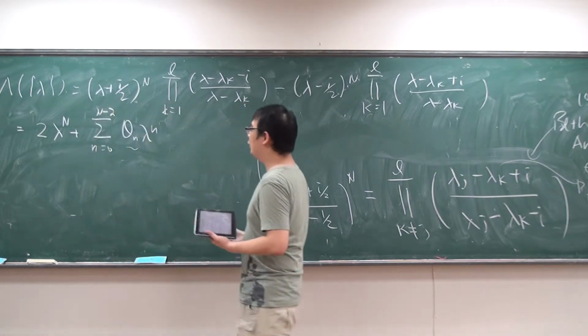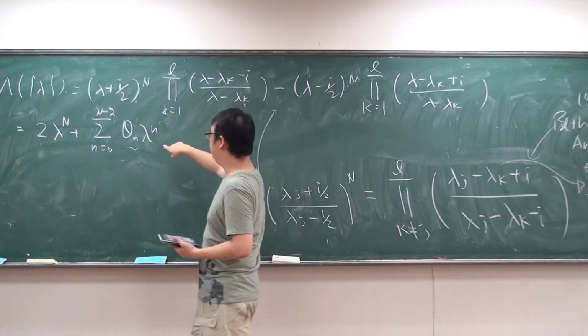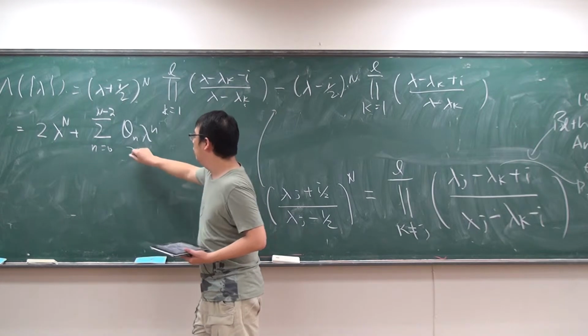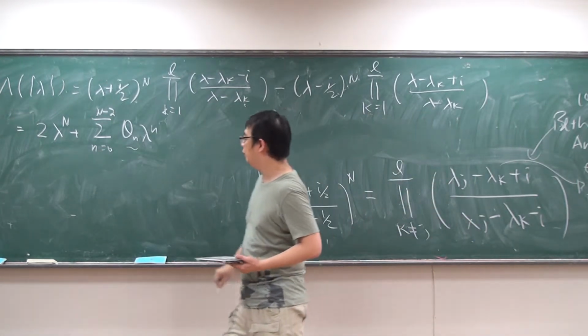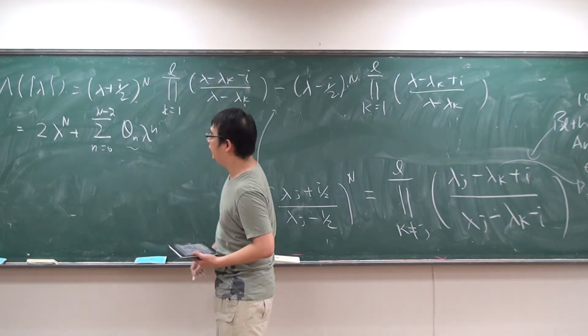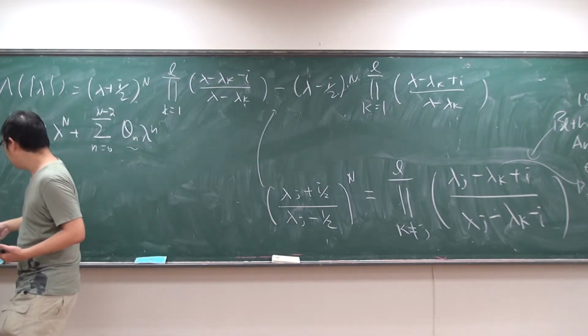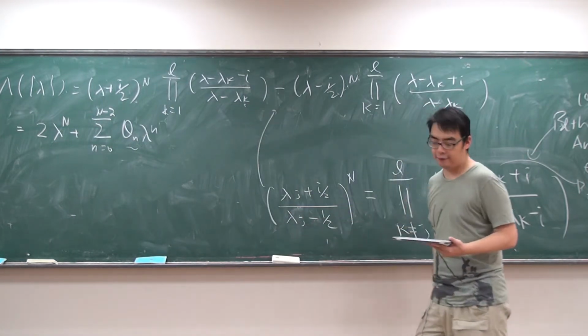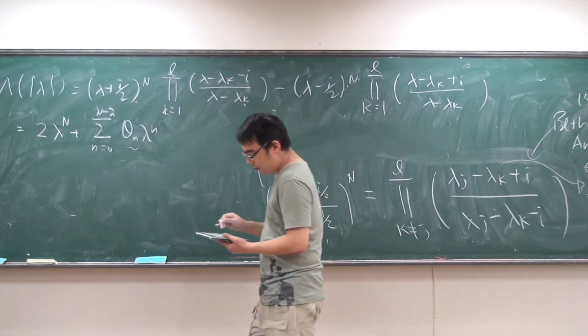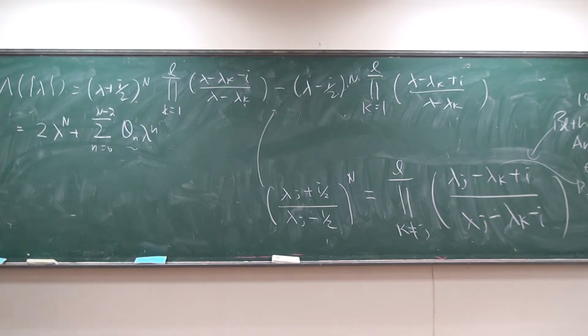And then you can match the coefficients term by term to work out the value of individual conserved charges associated with those eigenstates, well, this particular eigenstate φ. That's all I want to say.